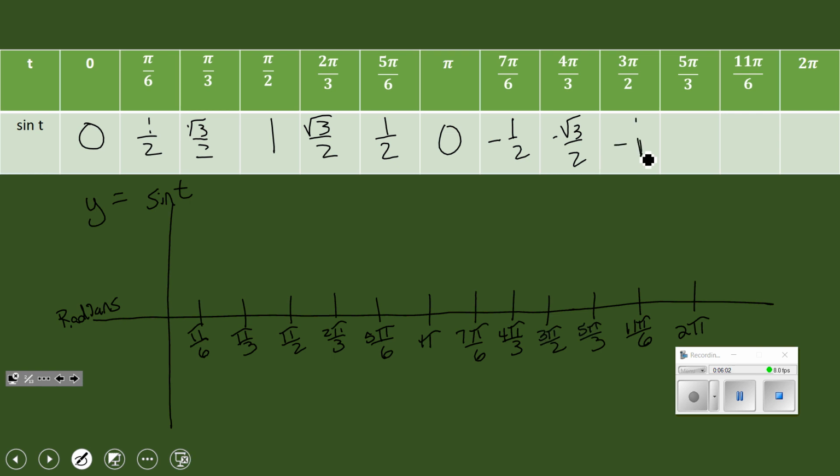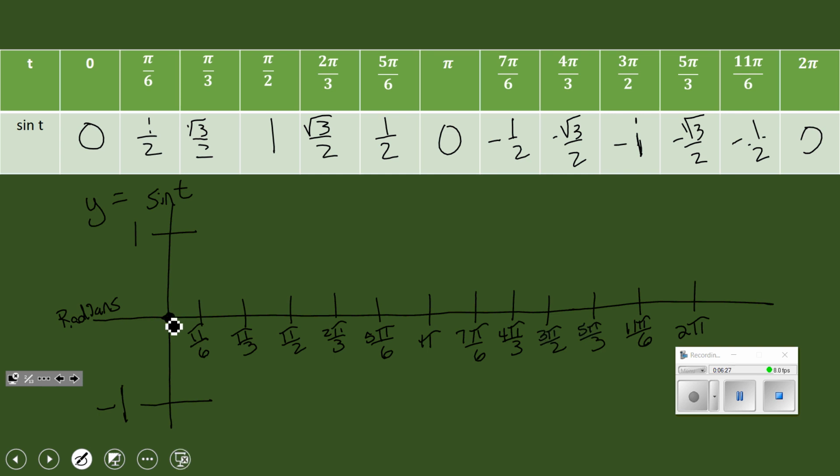So that's the lowest we go, right? It's down to negative 1. So the highest we go is up here at 1, and the lowest we go is down to negative 1. So if we kept going with this, negative square root of 3 over 2, negative 1/2, and then back to 0.